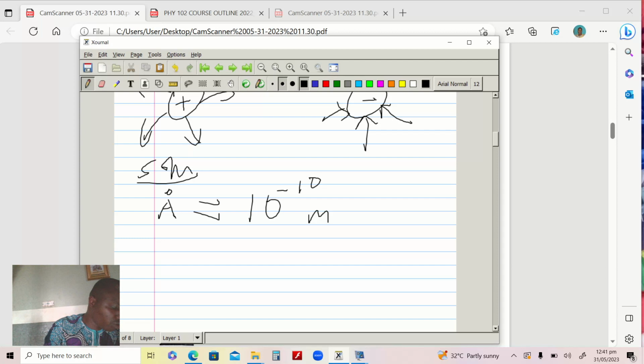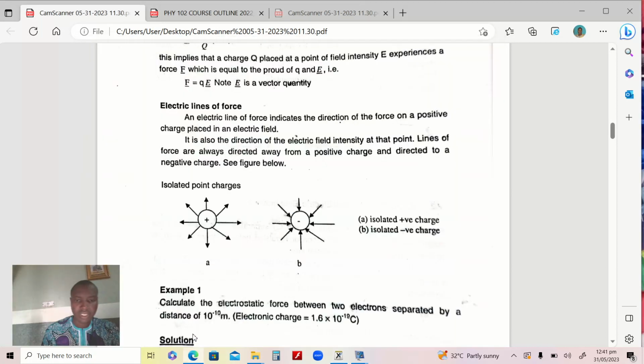So the question says calculate the electrostatic force between two electrons separated by a distance of 1 angstrom. Then they give us electronic charge of 1.6 times 10 to power minus 19 coulombs.